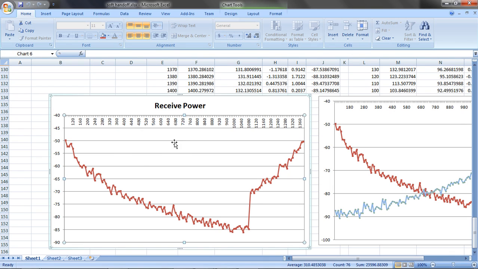Figure 1 simply shows how the received power from base station A changes with the distance from base station A.